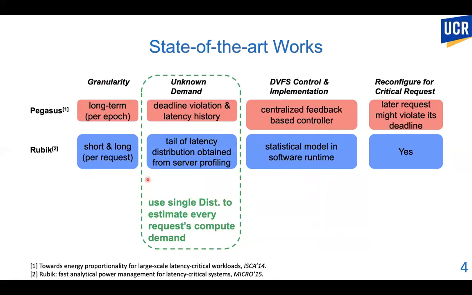It assumes that all the request service times follow the same distribution and uses the tail of this service time distribution for determining the CPU frequency. In this table, we find that all the prior works use the past history or a single distribution to predict each query's compute demand in the future.